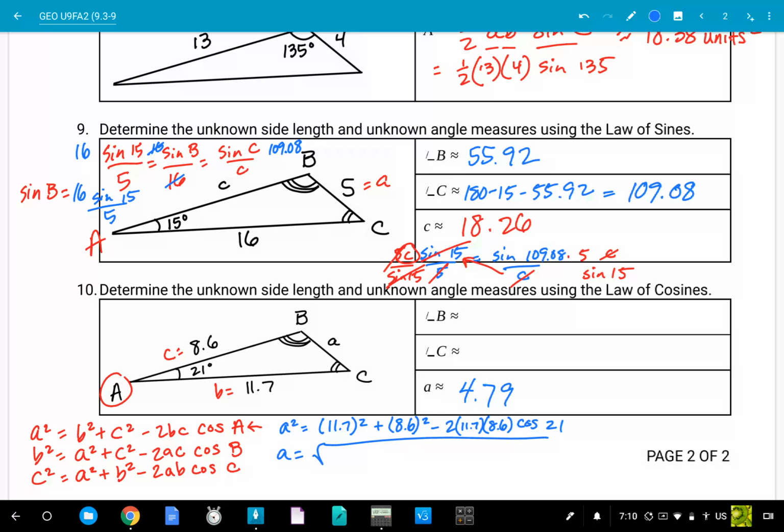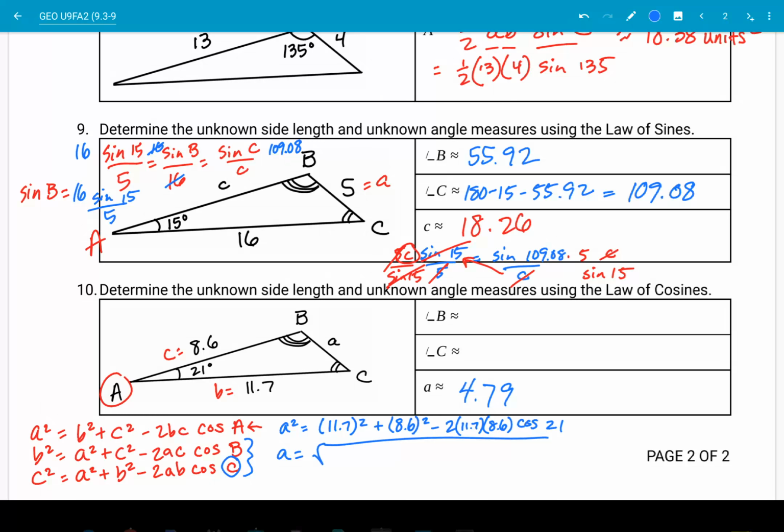So now I need to solve for the other two angles. I could use either one. I'm going to go with C, just because. Now the way that we're going to solve for this angle is we're going to just do the opposite of everything.